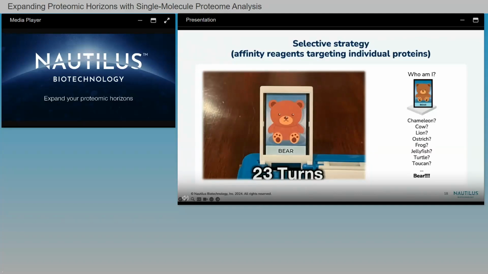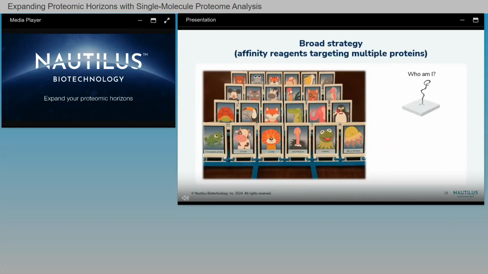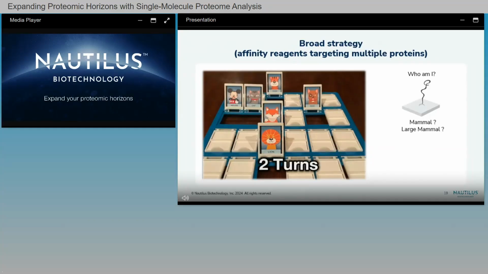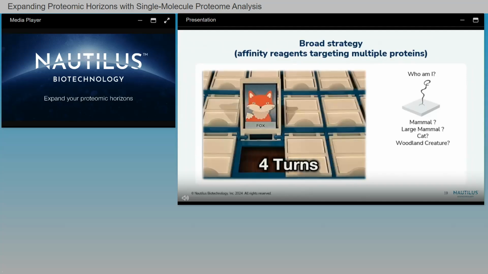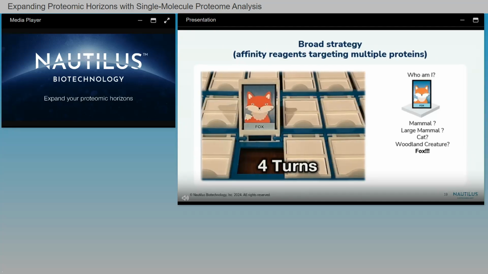And that really is what's so special about the platform, is that for each molecule, we're able to ask many questions of it. So instead of using highly specific reagents, we can instead ask much more general questions like, are you a mammal? Are you a large mammal? Are you a cat? A woodland creature? And so in a very small number of questions, one can get to a very specific answer about what molecule is present at a location.